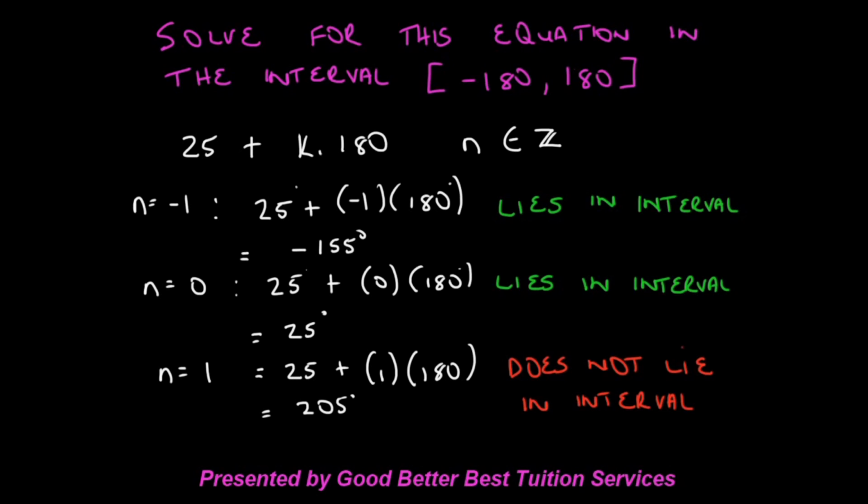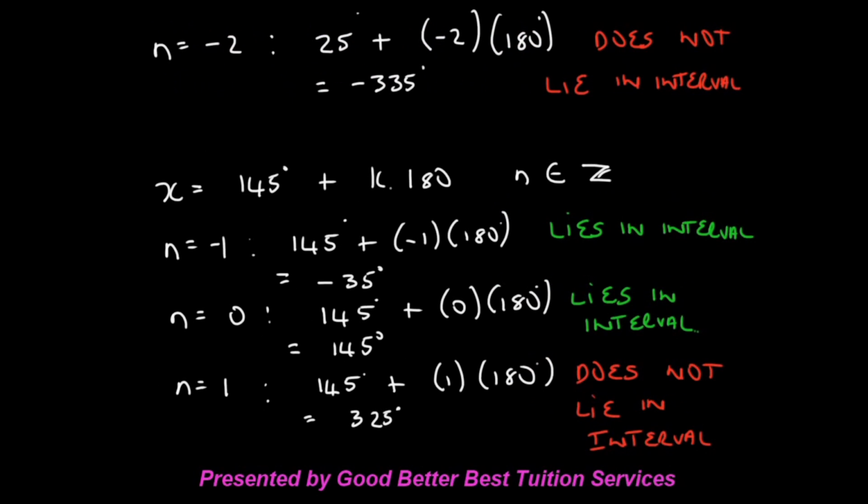So we're going to substitute negative 1, and that gives us negative 155. If we substitute 0, we have 25 degrees. And if we substitute 1, it will give us 205 degrees. So we see here that negative 155 lies in the interval, so does 25, but 205 does not lie in that interval. When we substitute negative 2, we get an answer of negative 335 degrees. That also does not lie in the interval.